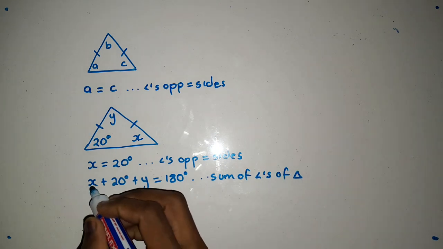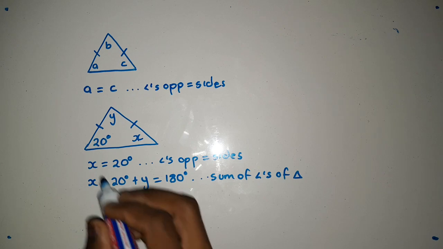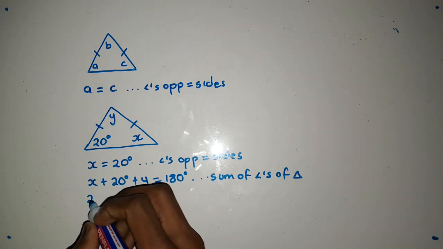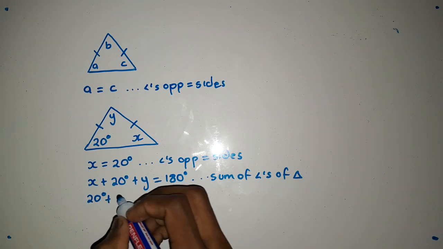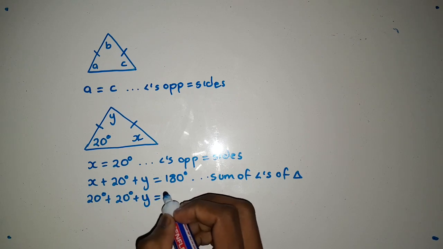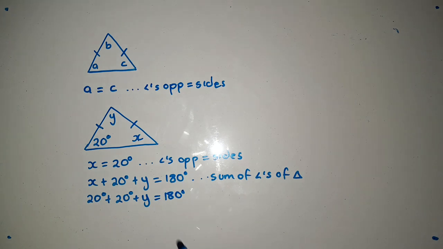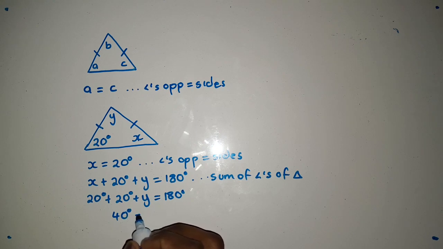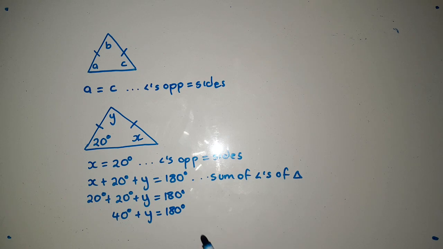What is the value of x? We got 20. We have 20 degrees plus 20 degrees plus y is equal to 180 degrees. We add the 2, we get 40 degrees plus y is equal to 180.